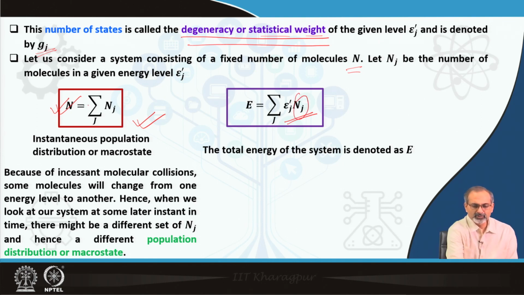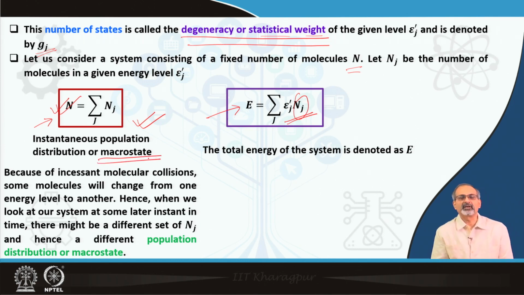So, on one hand you have the number to be conserved; on the other, based on the population distribution or the macro state that we are talking about, you will have a corresponding total energy of the system, which we are calling capital E.